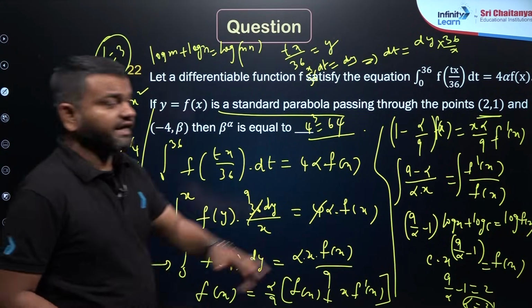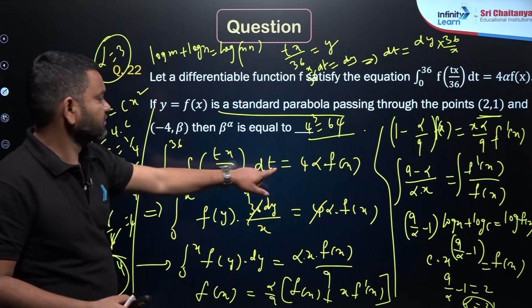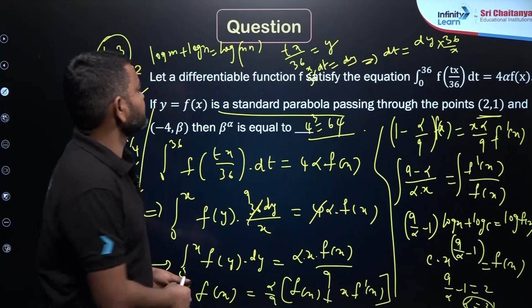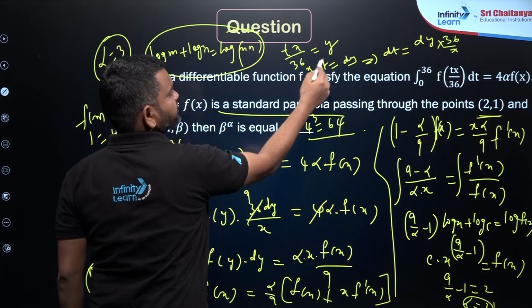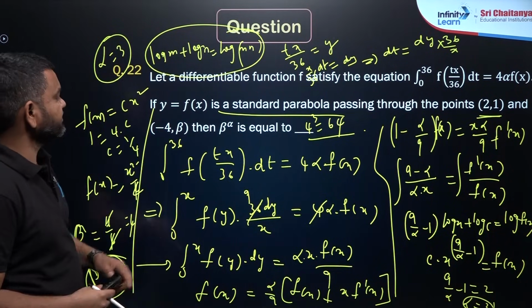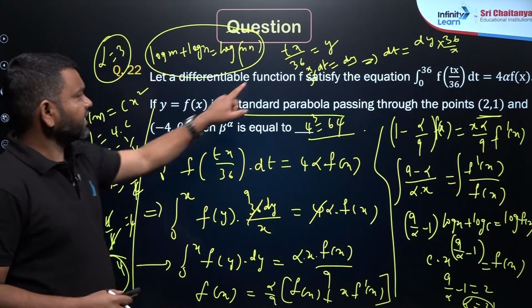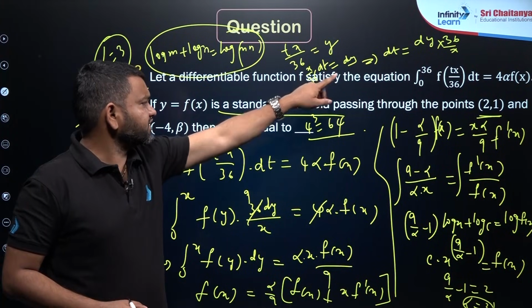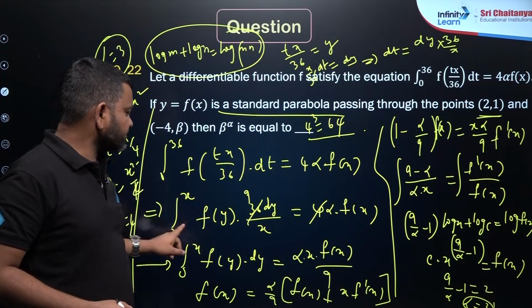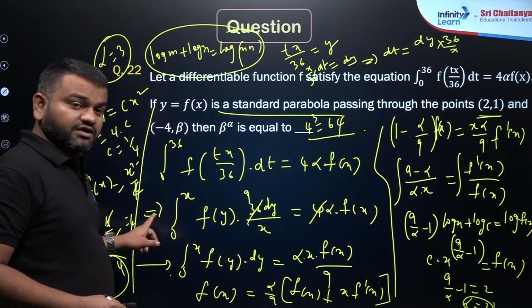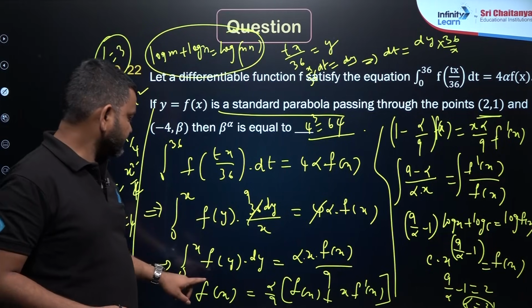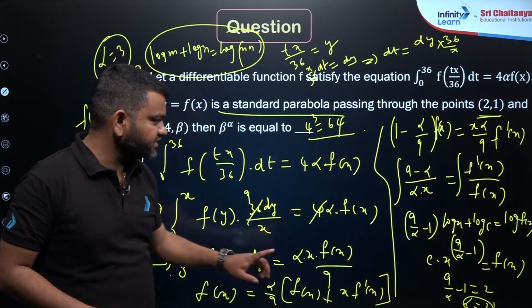What I did, I have taken the integration, I just assumed t by x, this is one formula, this is the assumption I did, tx by 36 is equals to y, and as I simplified it, I was getting some value, substituted it, I was able to get this equation after simplification. Here I did the Leibniz theorem, differentiated it on both sides. When I differentiated on both sides, I was getting this equation.